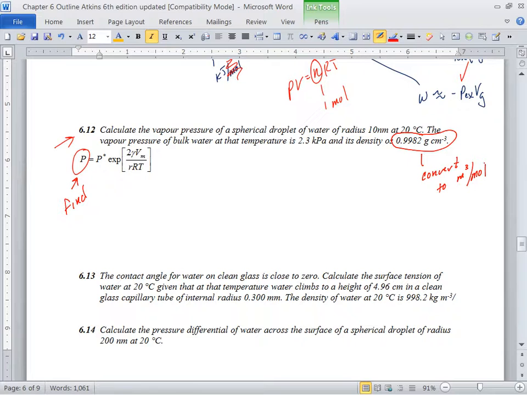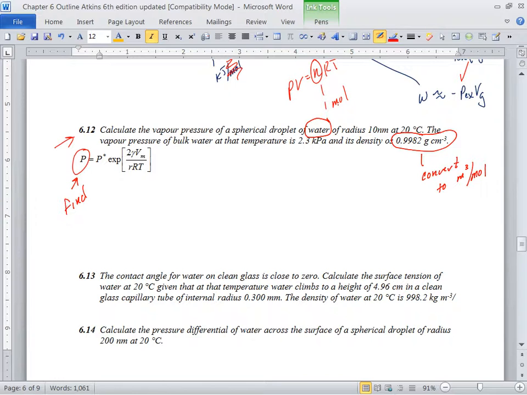But remember, surface tension, enthalpy of vaporization, they're all properties of substances. Since they told you what the compound is, they're expecting you to look up anything and everything about water.